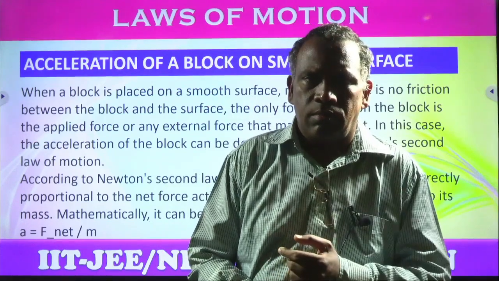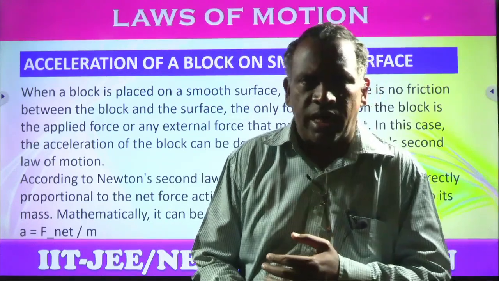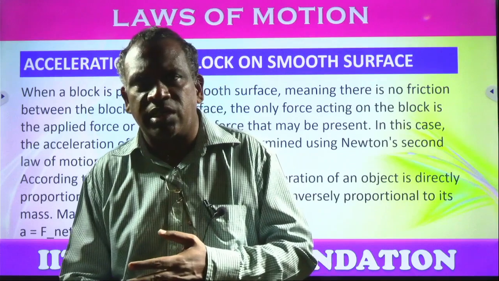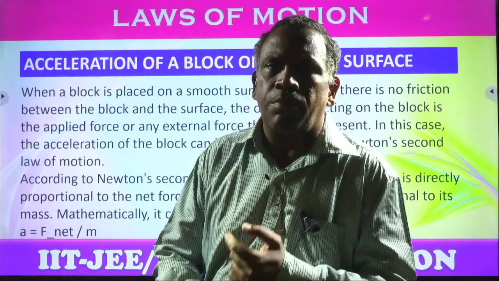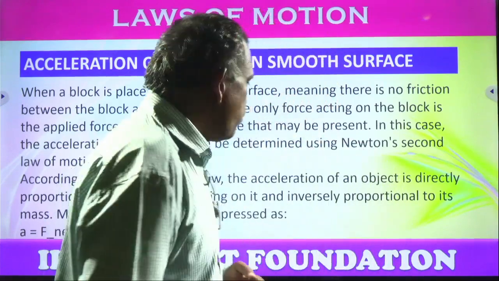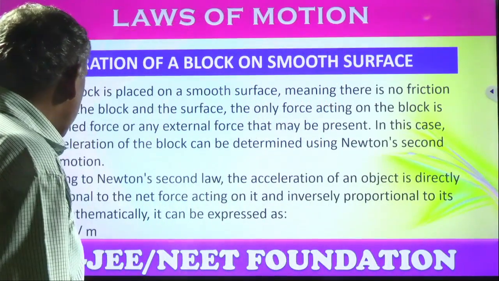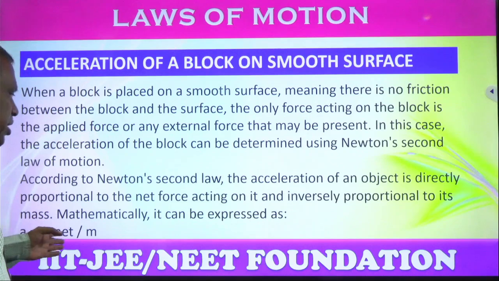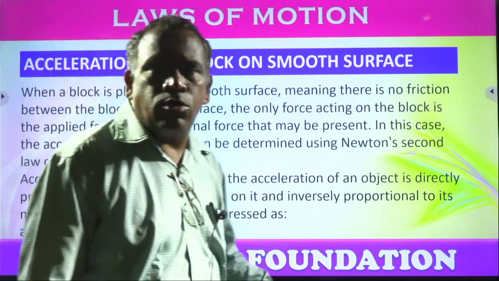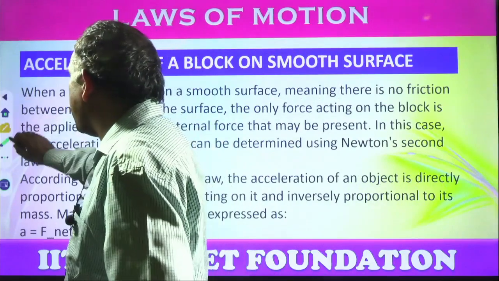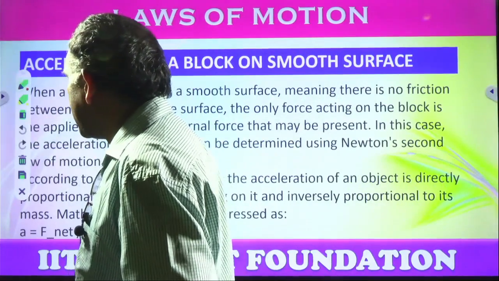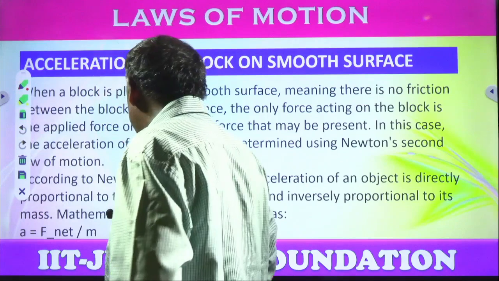Force equals mass into acceleration. The rate of change of momentum of a body is equal to force. According to Newton's law, mathematically acceleration is equal to net force divided by mass. The net force divided by mass is what we call Newton's second law of motion.